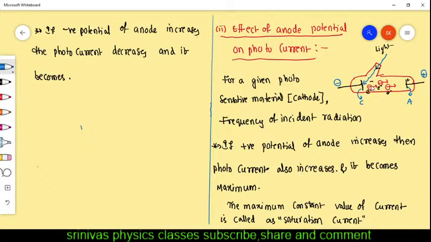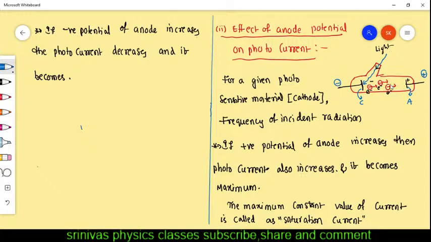Electrons are negatively charged and want to reach the anode, but they are repelled by this negative anode. The anode is generally positive, but especially I am giving it negative potential. This negative repels the negative, so the movement of the electrons will be stopped. Then I am increasing the negative.